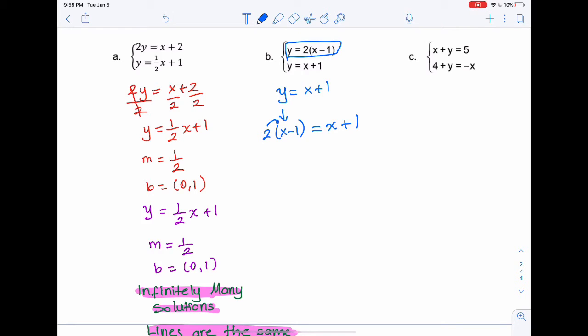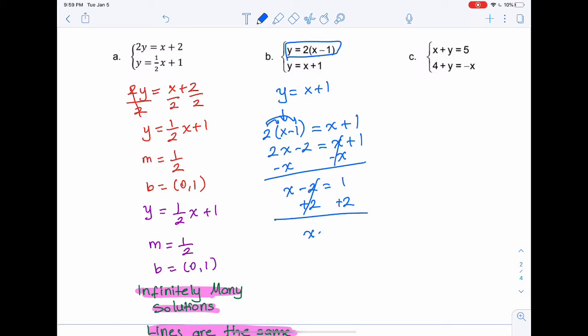Then let's distribute 2 over x and negative 1. And we can subtract x from both sides to isolate x. And add 2 to both sides. Okay, so we found x.